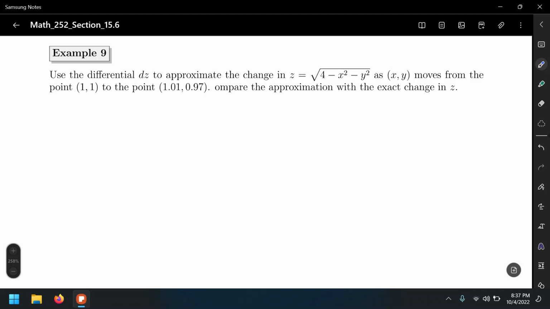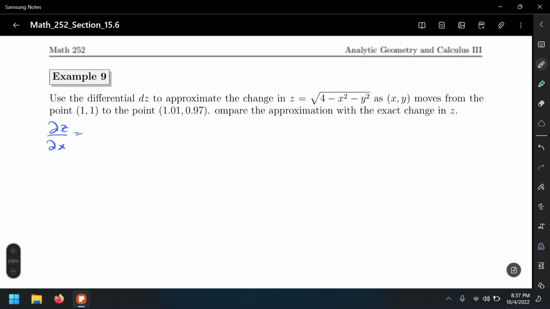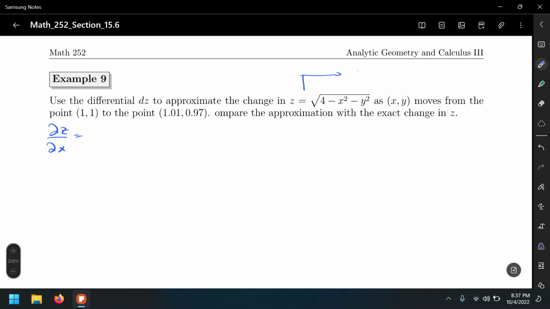So let's find the partial derivative. First of all, find the partial derivative of z with respect to x. Number one, let's rewrite the function in rational exponent form.